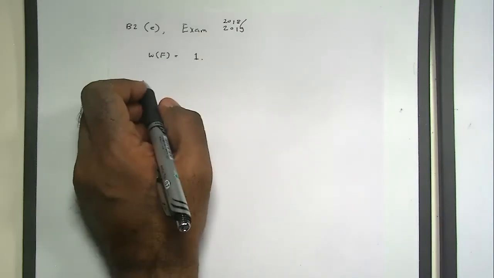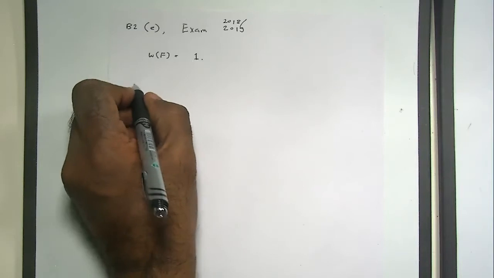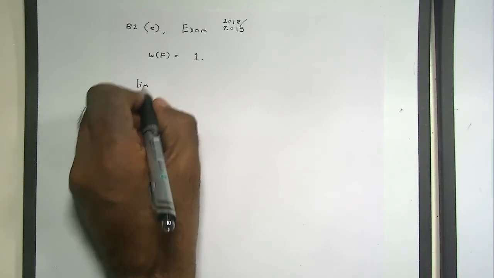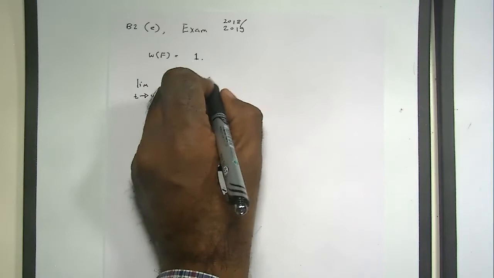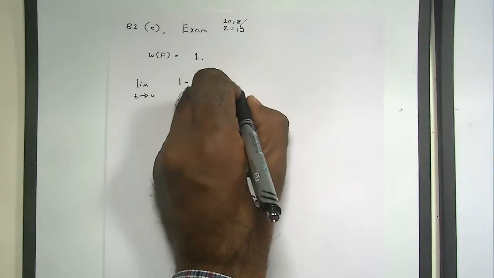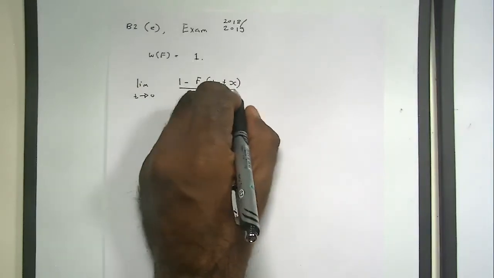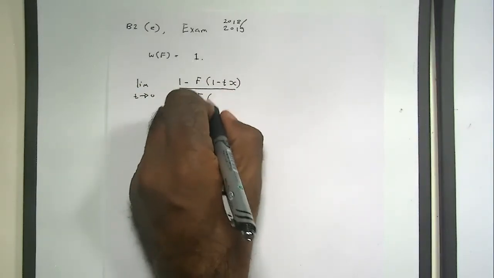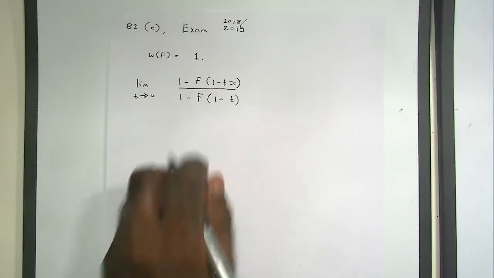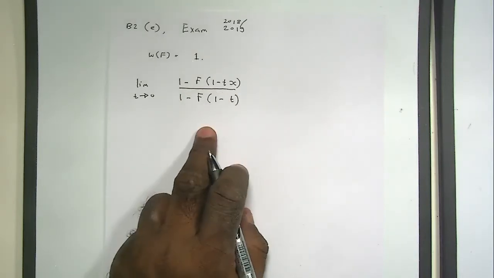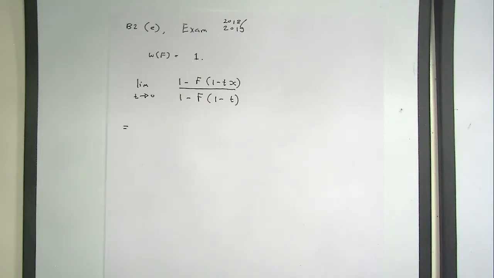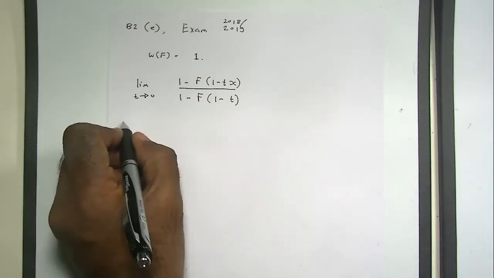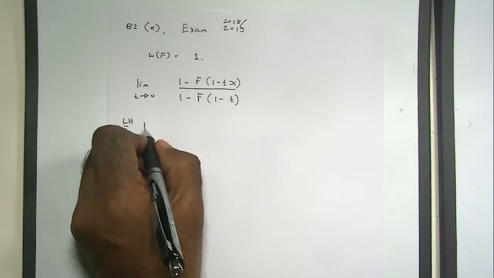Okay, so I want to try condition 3 first, which is the limit as t approaches 0 of 1 minus F of 1 minus tx divided by 1 minus F of 1 minus t. Do you remember this? Because we don't know what F is, we only know the little f, not the capital F, the first thing I want to do is to apply L'Hopital's rule.